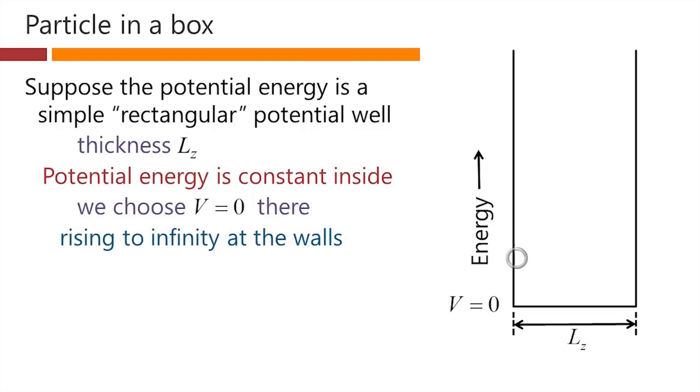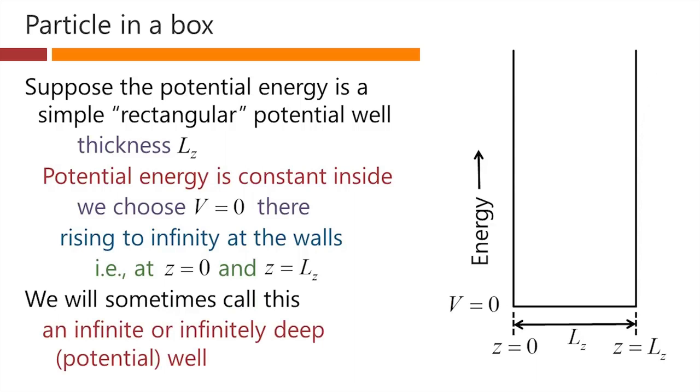And then at the walls, we imagine that the potential energy would rise up towards infinity. So at z equals 0 and z equals Lz, the potential rises up to infinity. And sometimes we'll call this potential well structure here an infinite or an infinitely deep potential well, or just an infinitely deep well.